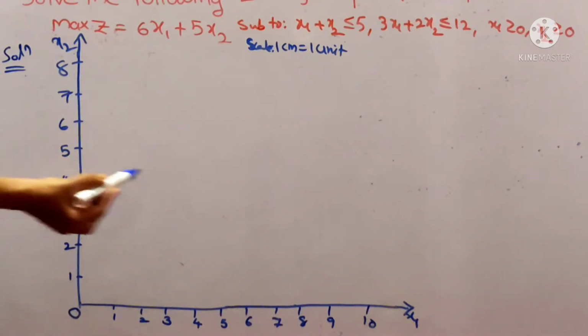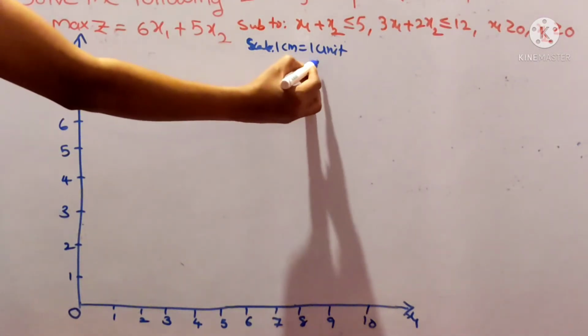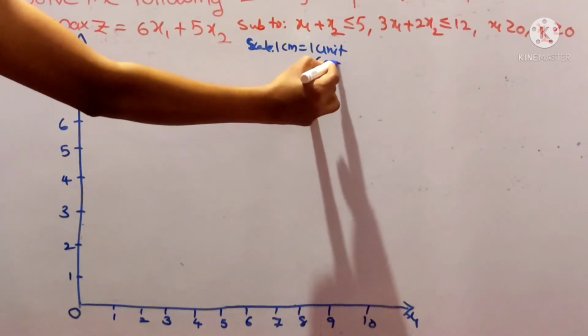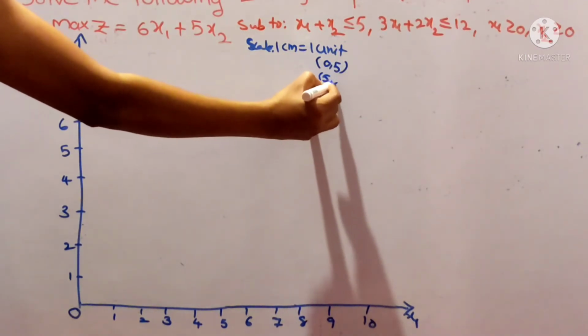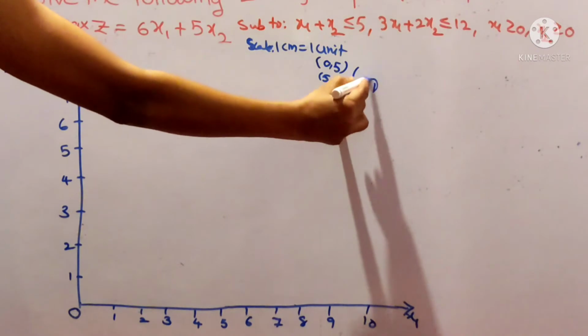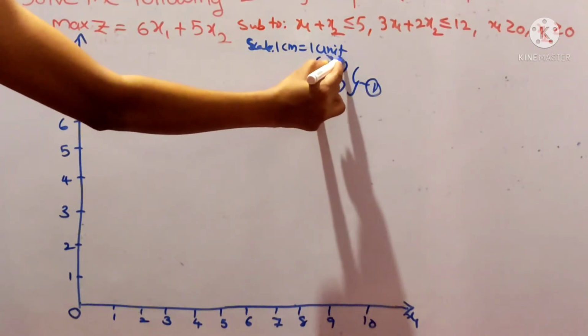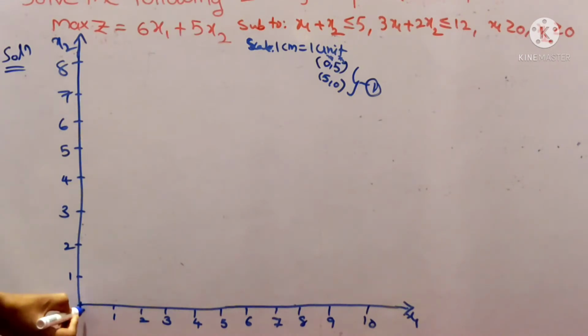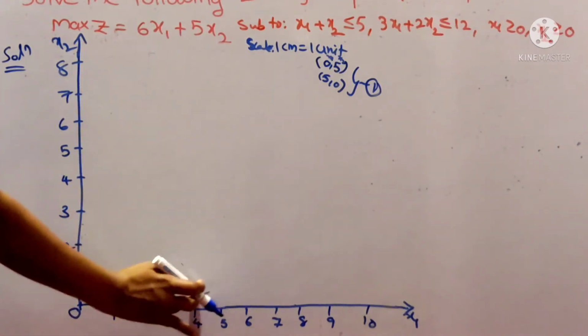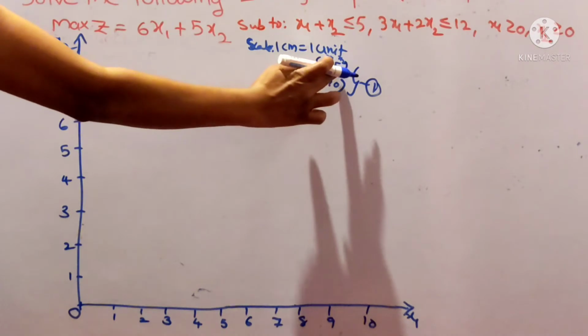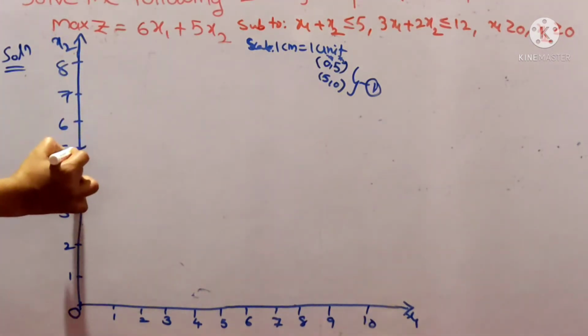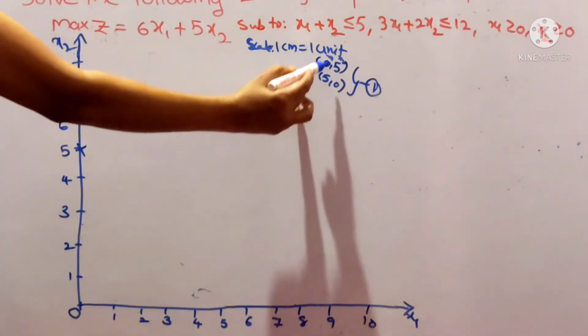0, 1, 2, 3 and so on. 10 values I have taken on x1 and 0, 1, 2 and so on values taken on x2. And what are the points from the first constraint? 0, 5 and 5, 0. For 0, 5, the first point, 0 along the x-axis and 5 on the y-axis, that is x2.